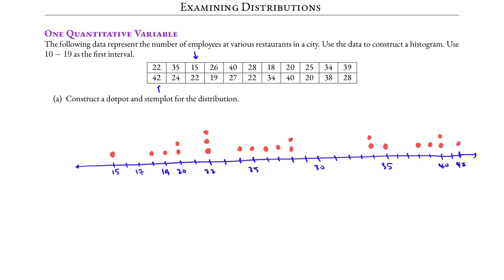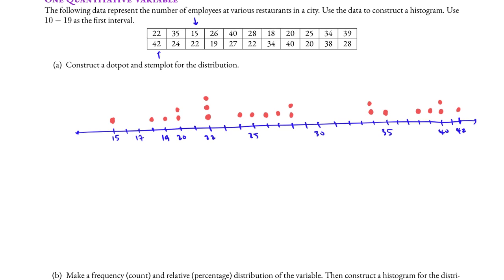This is what we call the dot plot. It is one of the graphical displays of a quantitative variable.